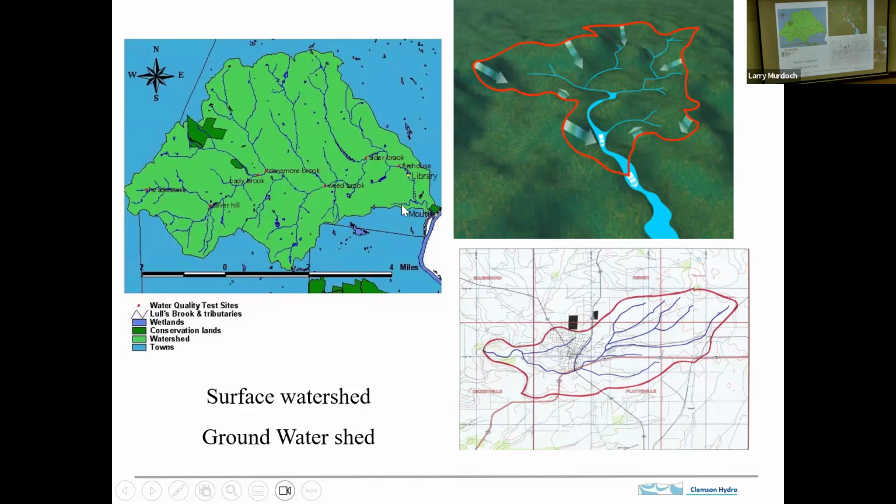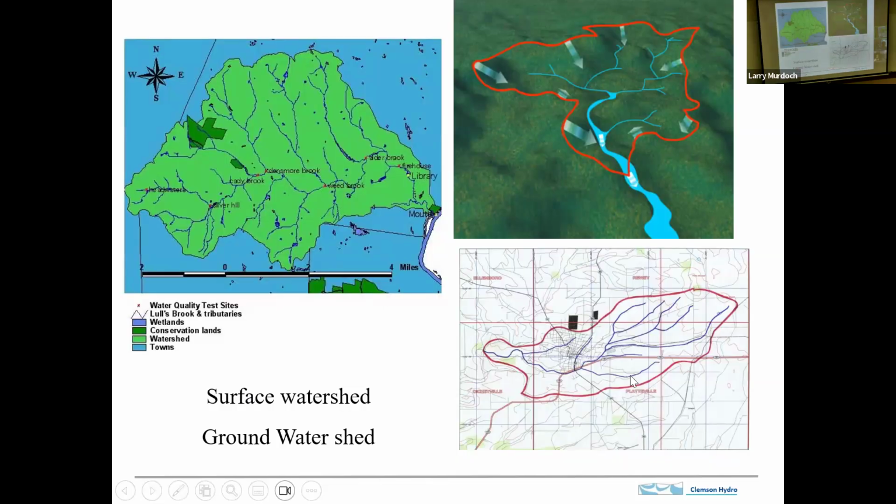But what we'll see is that this is the topographic divide, and the groundwater divide that marks the boundary of a groundwater shed is different than the surface water or topographic divide. So this might be the ground watershed here, where that's the boundary of recharge going in here and discharging to that stream, and then recharge over here would discharge someplace else.